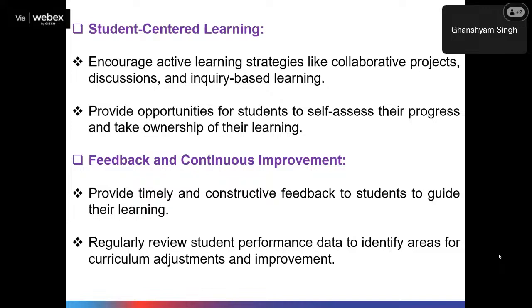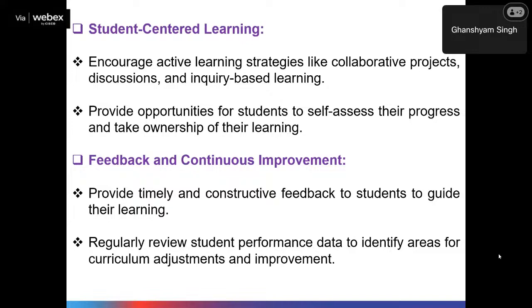Then the important part, which usually people are not following seriously, and as a member of the NBA team, I have observed at various universities and institutions that people are not very sincere about feedback and continuous improvement.